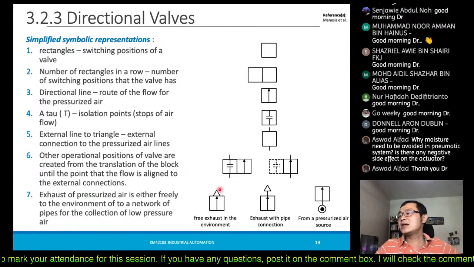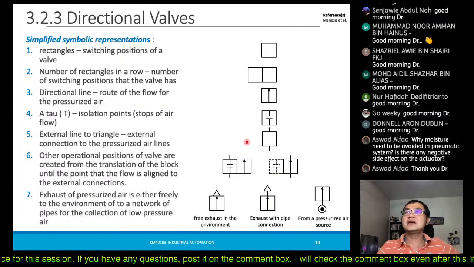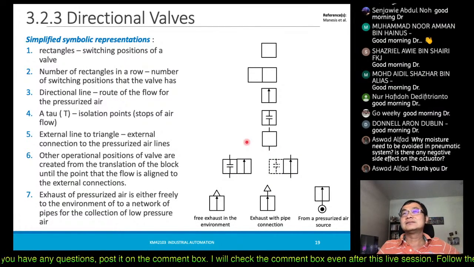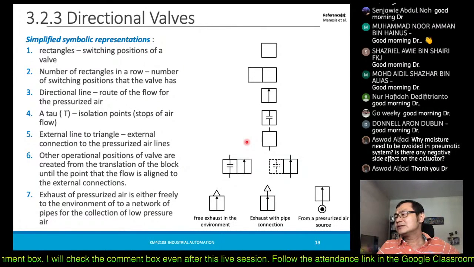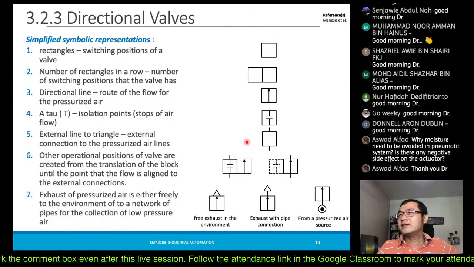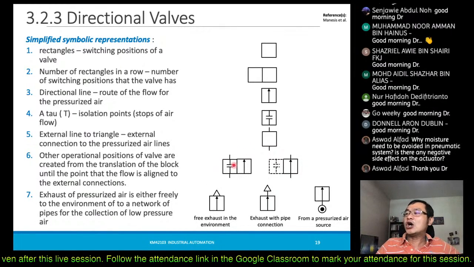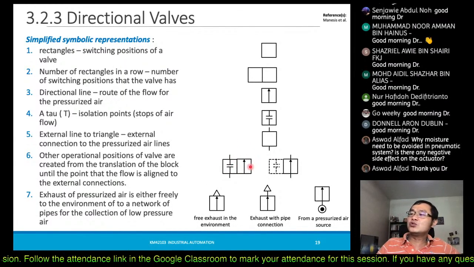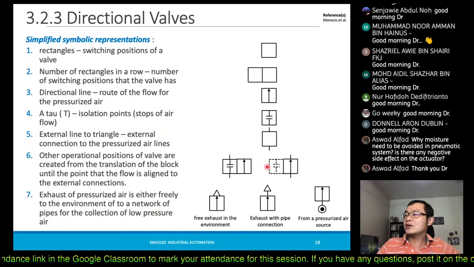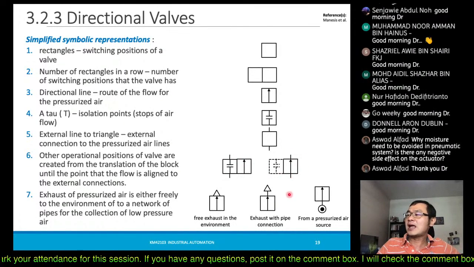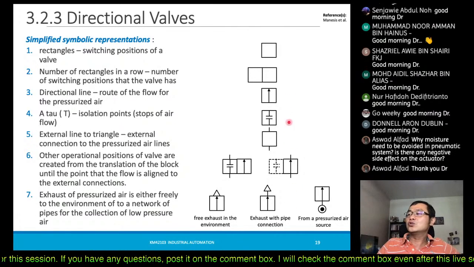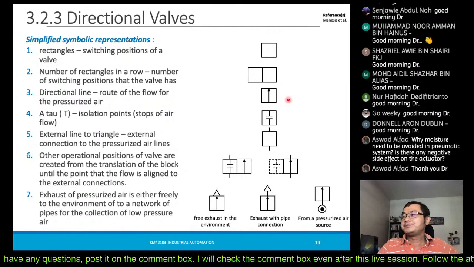In this case we would say it is normally open. In the circuit it is not connected. When we do the switching, this block will switch or move positions, and then it allows the flow to go through it.